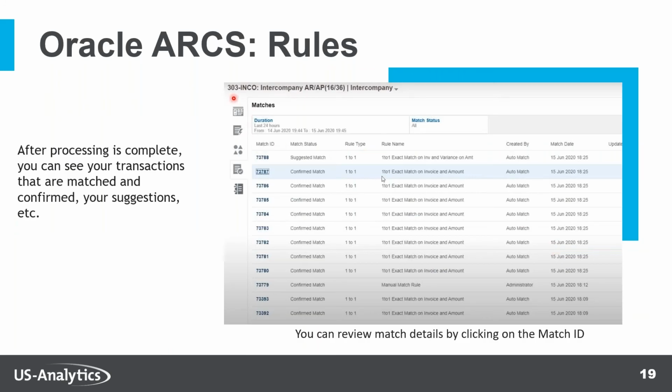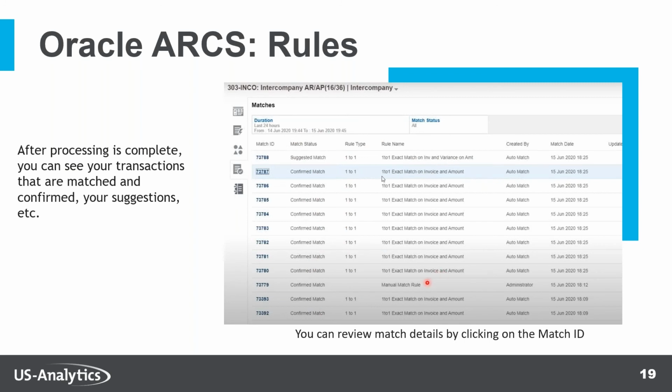So if I were to click on there and see, okay, well, after it's processed, what confirmed matches do I have? What suggestions do I have? You can go in and start looking at your matches. You can see suggested match, and it'll tell you which rule lended it to be a suggestion, which rule lended it to be a confirmed match.